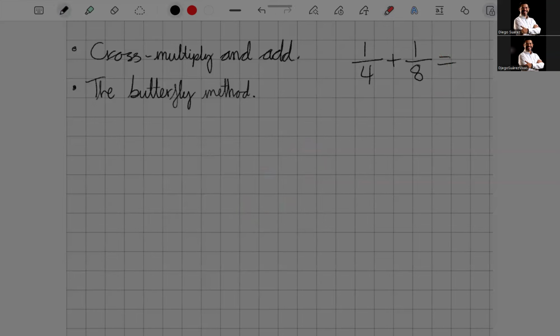So we do it. 1/4 plus 1/8. So we're going to cross the numbers. We're going to multiply. I'm going to switch to a different color. These ones, 8 times 1. I'm going to write here 8 times 1 equals 8.